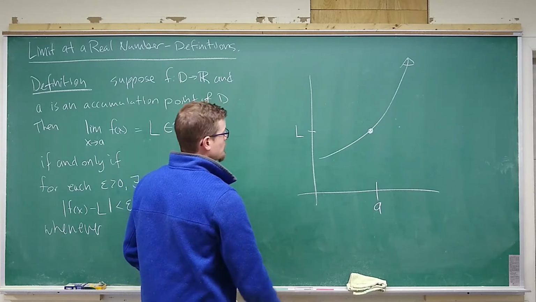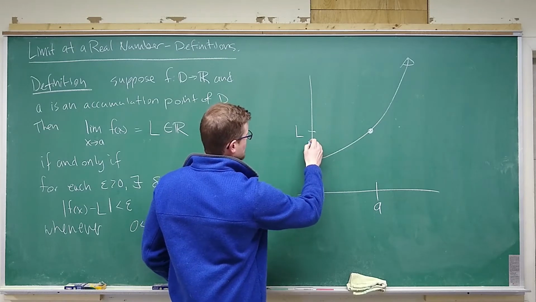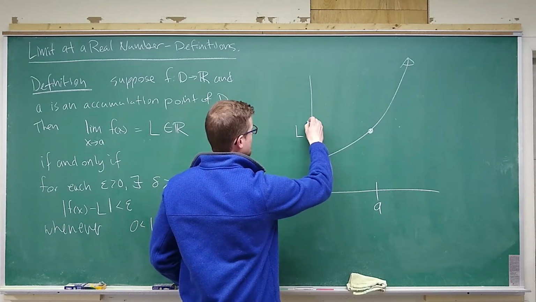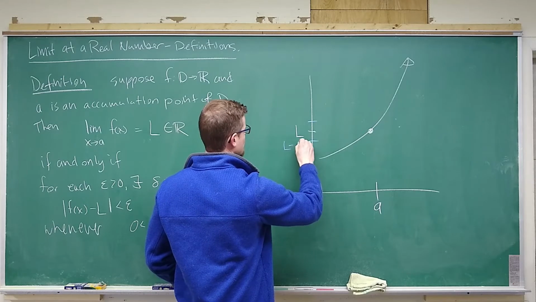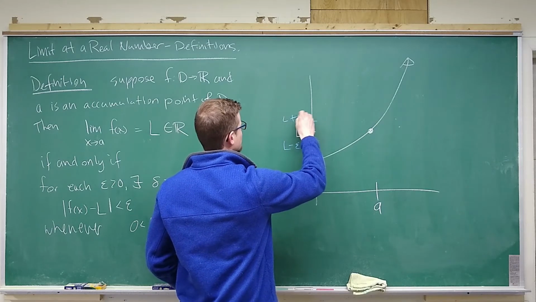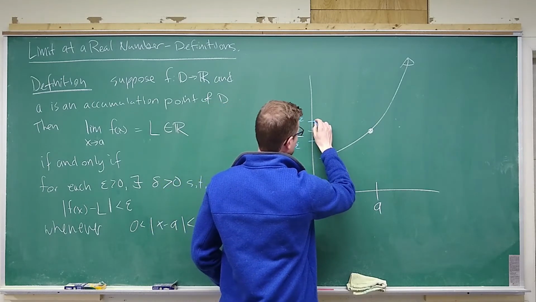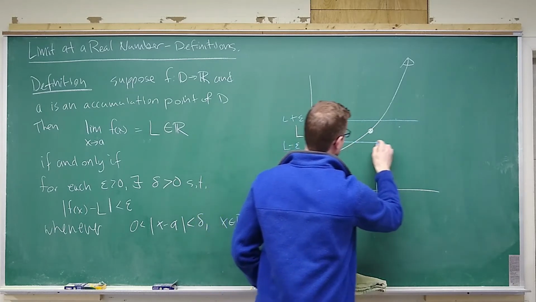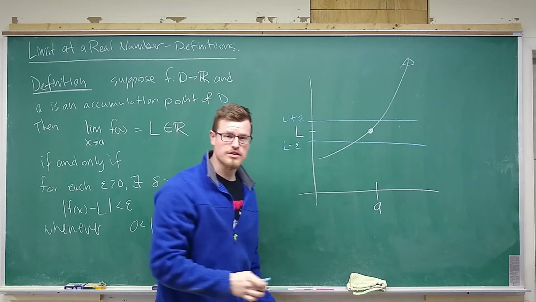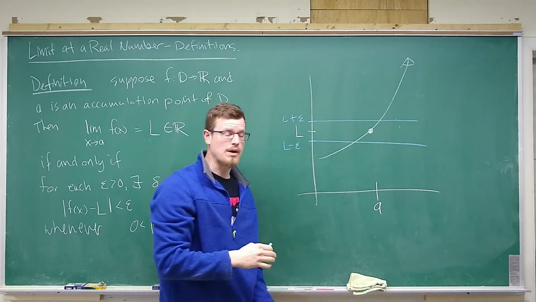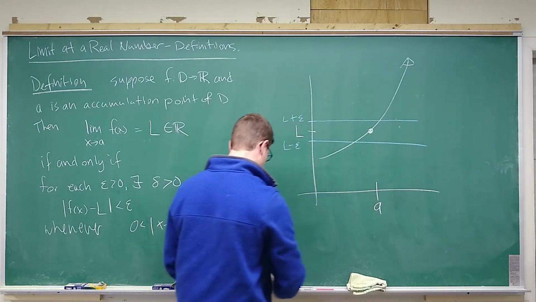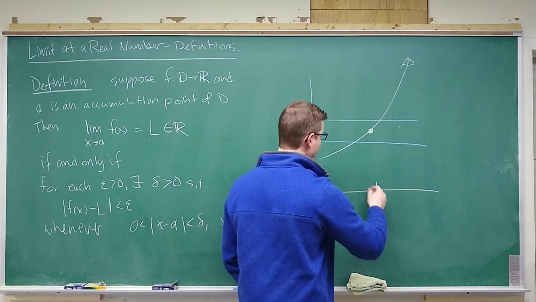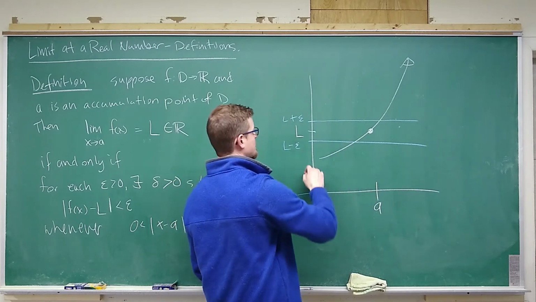And when we get our epsilon, what that does is it says that we're going to take some window, L minus epsilon, L plus epsilon. Okay. So this is our epsilon window around L, and we want to say that everything that is near A will fit inside this epsilon window.